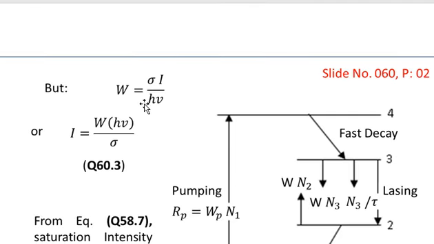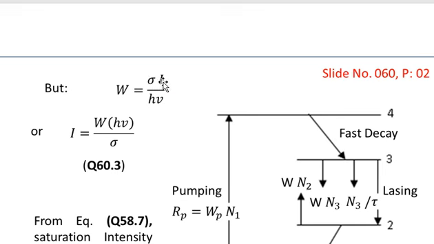But W is the stimulated transition rate, whether stimulated absorption rate or stimulated emission rate, both are equal in this case, and W is equal to sigma into I over h nu. You see that sigma is the cross section. You can call it an absorption cross section or emission cross section depending upon its definition, and it depends upon the material properties.